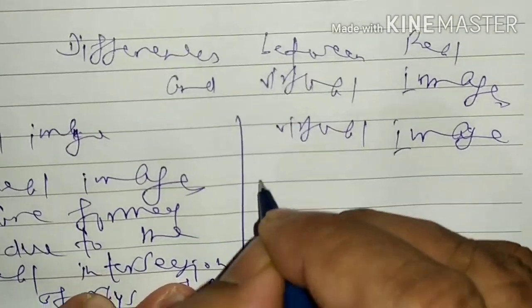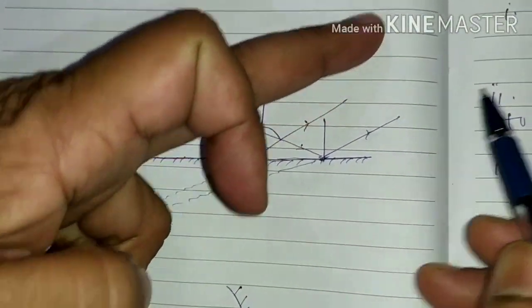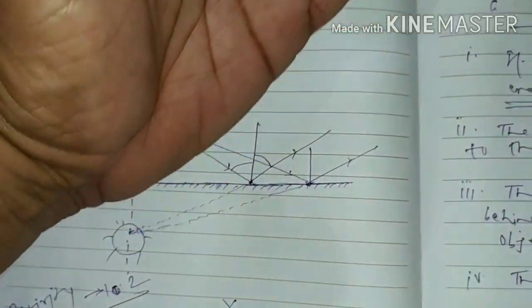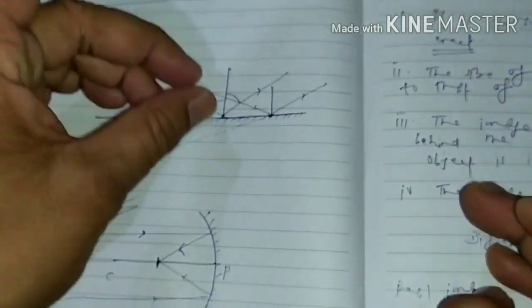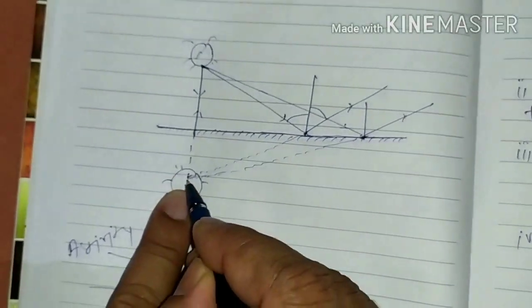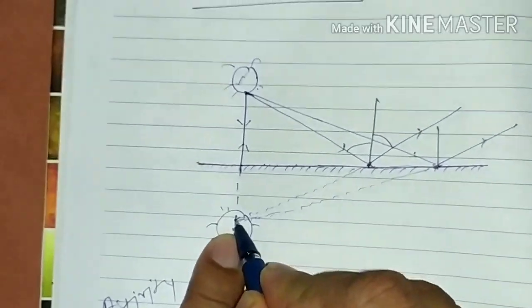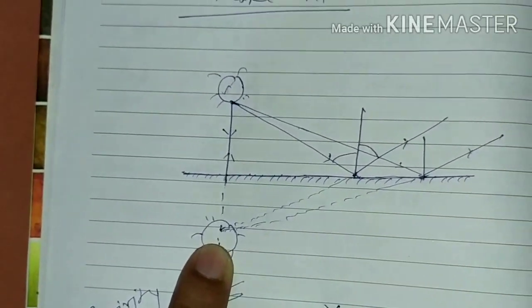But virtual images, see, in the case of plane mirror, the real rays of light after reflection diverge. They will really never meet. But when these rays are proceeded back, then virtually they appear to meet here. These rays virtually meet here. So this is the meaning of virtual image.